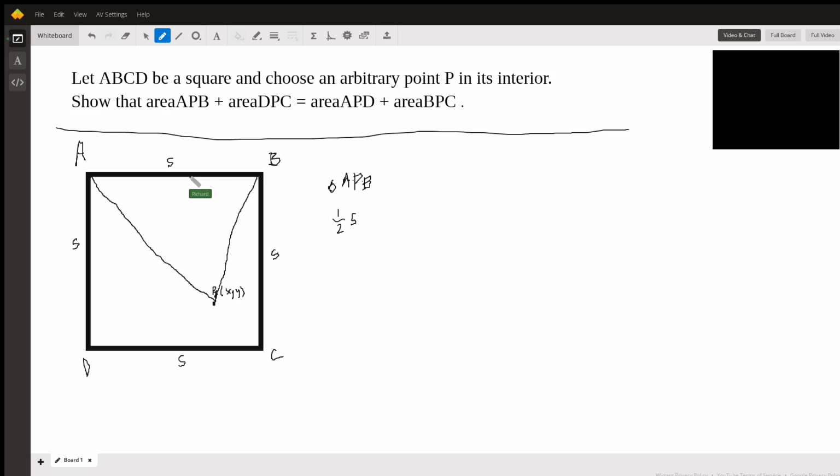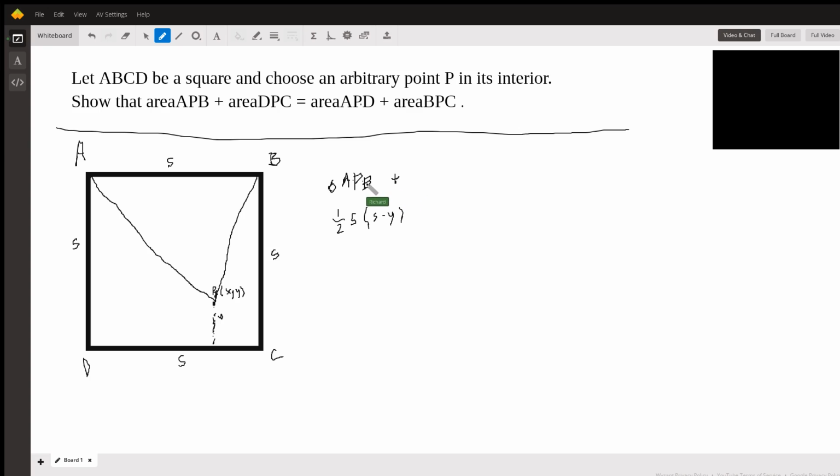And this height is going to be from here to here. Do you see that this is Y? We'll call that Y here. And you see the height here is going to be S minus Y, because this whole thing is S. So it's going to be 1/2 S times S minus Y.